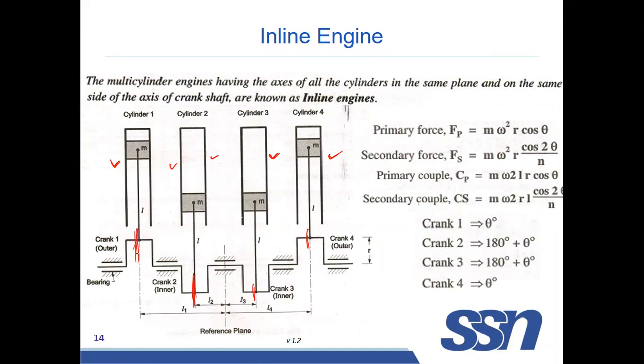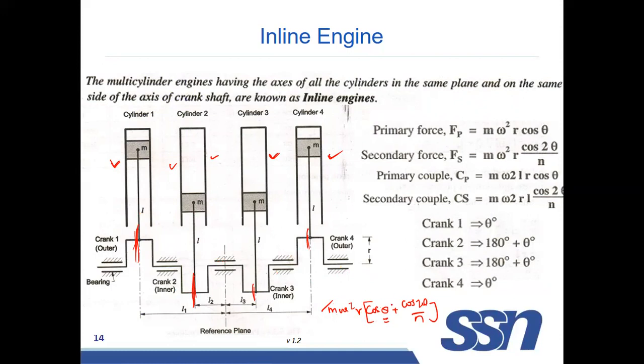As we discussed for the single cylinder, the unbalanced force, that inertia force, is equal to m omega square r (cos theta plus cos 2 theta by n). For different cylinders you put the corresponding theta value and get the inertia force.